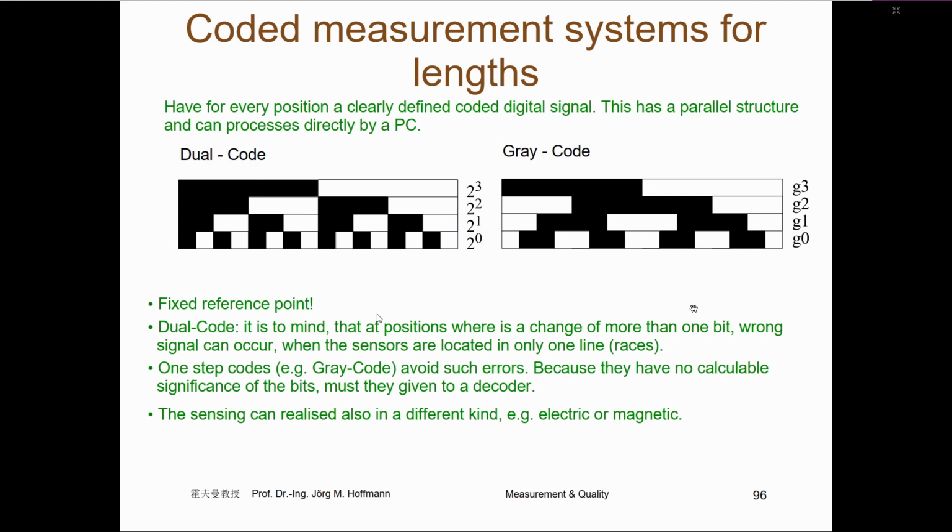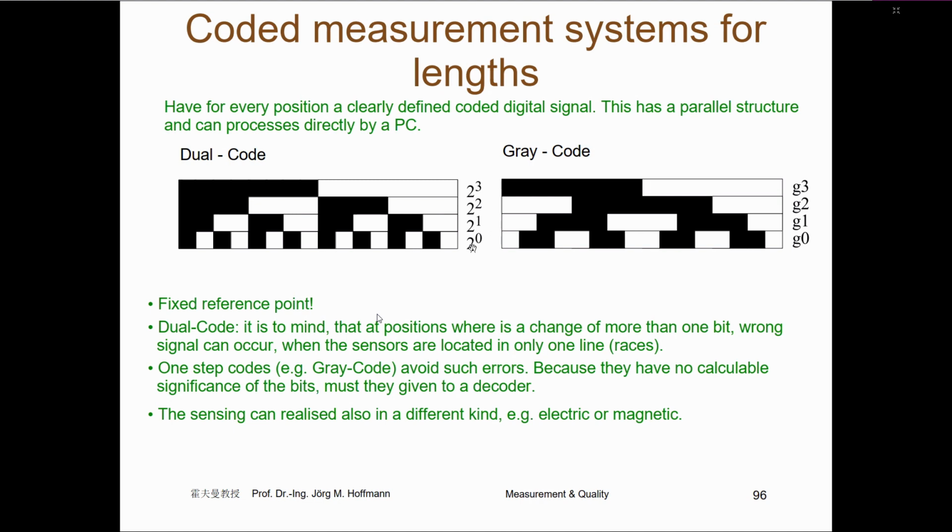And when you use the gray code to avoid races, you need an electronic circuit which calculates from this picture a dual code, where you can calculate your number.